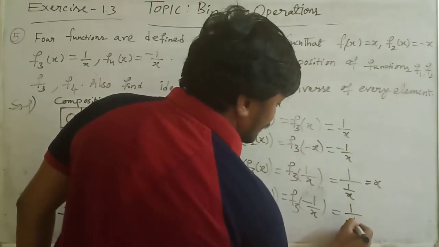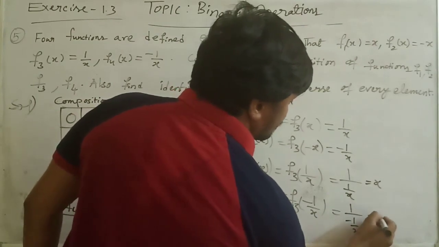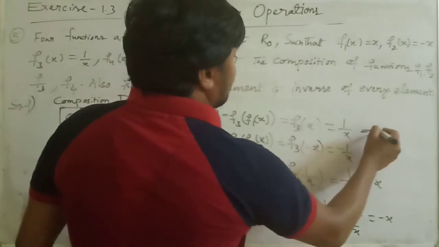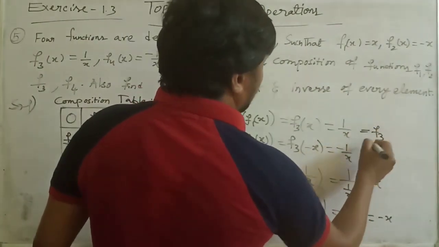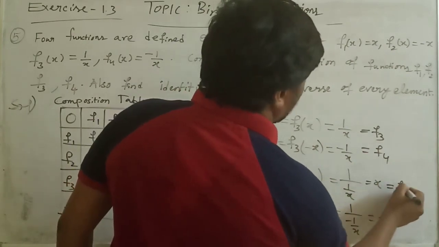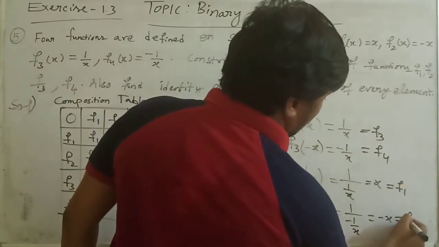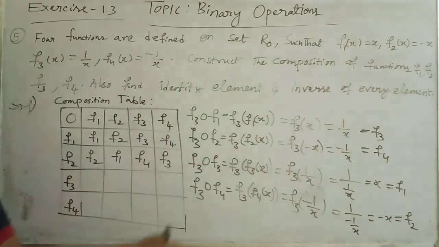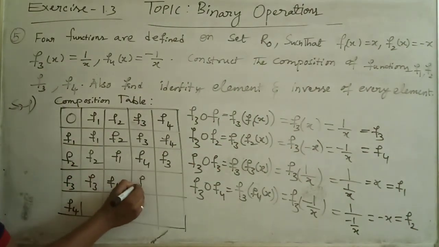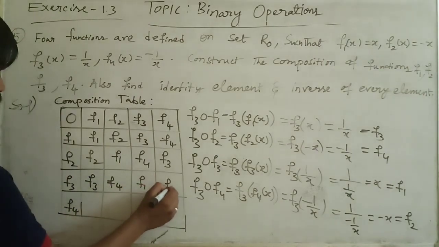So 1 upon minus 1 upon x, you get the answer as minus x. So that row is f3, f4, f1 and then f2.